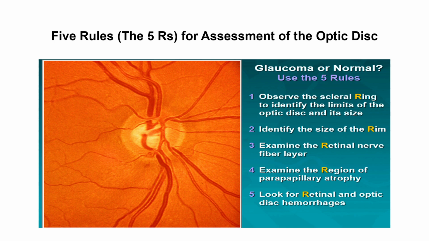Then you will examine the surrounding retinal nerve fiber layer for any localized, wedge-shaped defect or diffuse RNFL defect. Then you will examine the parapapillary region to see if there is any alpha zone or beta zone atrophy. Then you will look for any retinal or disc hemorrhages. By examining these 5 rules, you can clinically diagnose many patients with glaucoma without using an investigation.